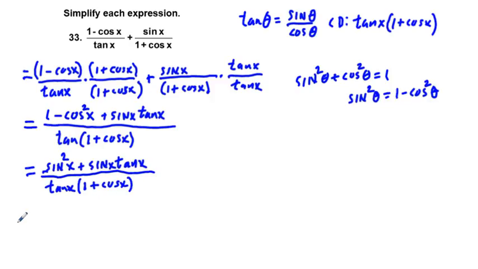Now, what we're going to do is use our quotient identity and rewrite tangent x both in the numerator and denominator. So we have in the numerator here sine squared x plus sine x, and tangent x we're going to rewrite as sine x over cosine x.